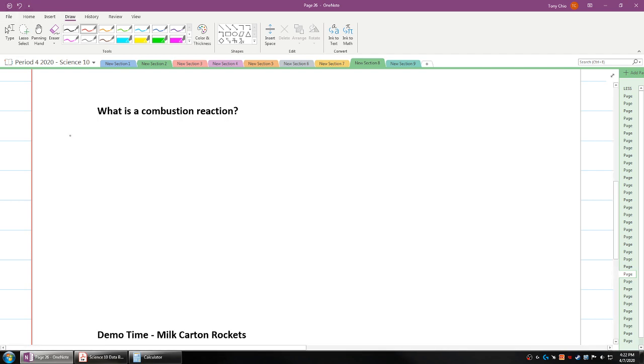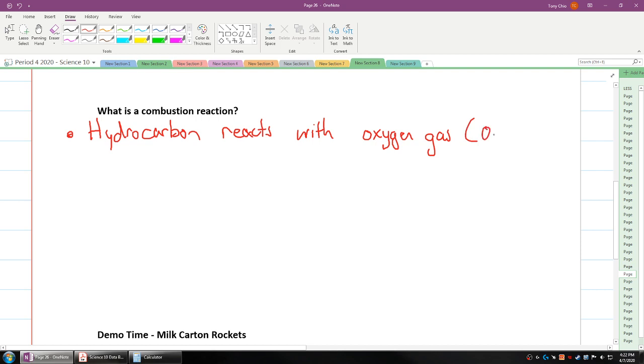A combustion reaction always involves some organic hydrocarbon that reacts with oxygen gas, which we know as O2. And it will always form these two things, carbon dioxide and water. Always, always, always. Now you might know of a combustion reaction as an explosion or a fire as well.